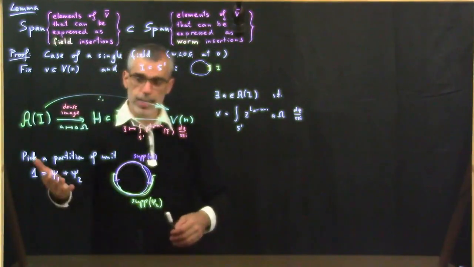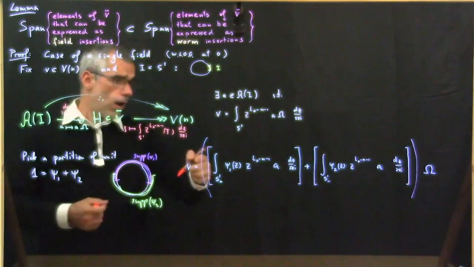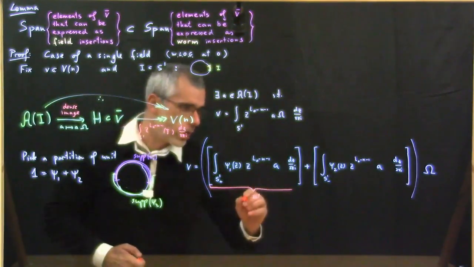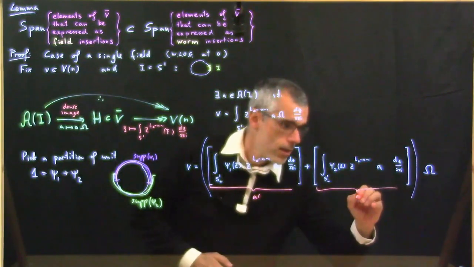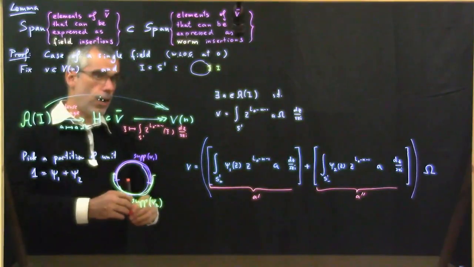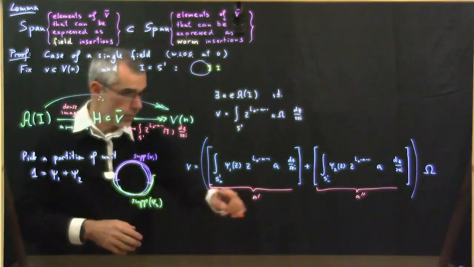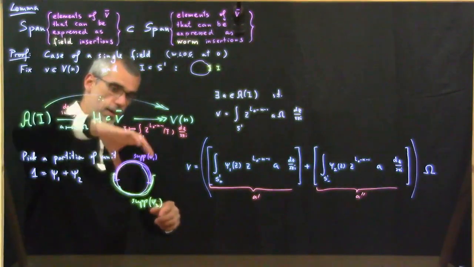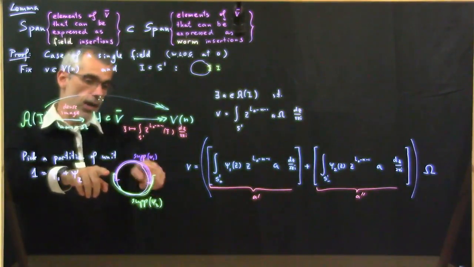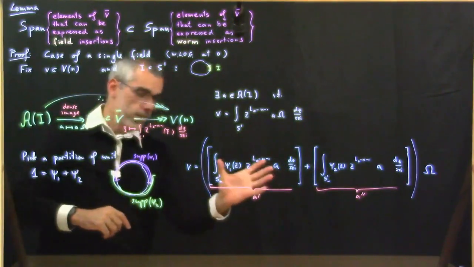And therefore, I can split this integral as a sum of two terms, which I have written in this particular way, so that this, which I'll call A prime, and this one, which I'll call A double prime, are elements of the von Neumann algebra associated to, so this one is going to live inside the von Neumann algebra associated to some 2 epsilon neighborhood of the upper semicircle, and that one in some 2 epsilon neighborhood of the lower semicircle.